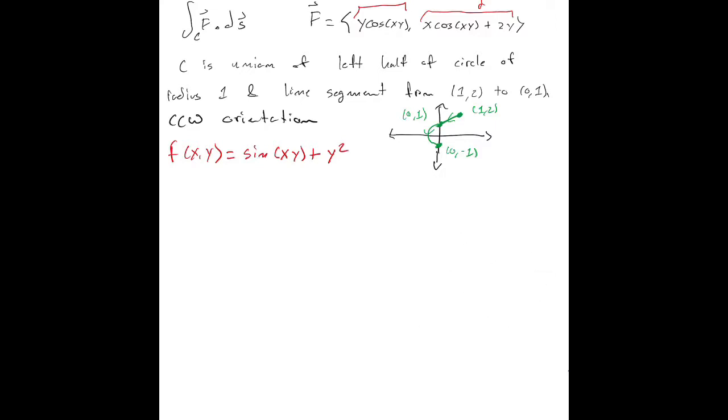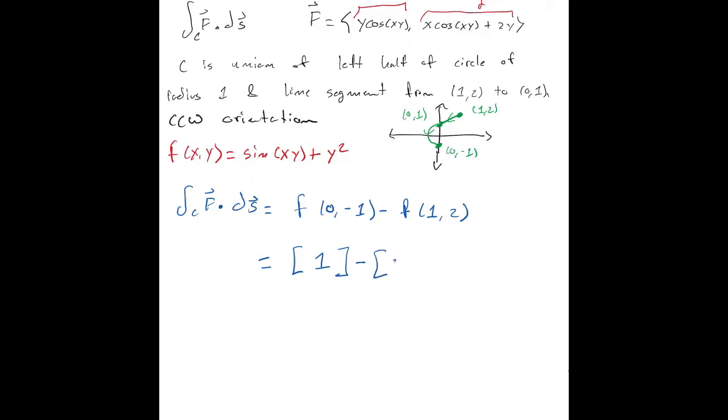So the integral that we want to know is equal to f of the ending point, which is (0, minus 1), minus f of the starting point, which is (1, 2). Okay, so f of (0, minus 1): sine of 0 is 0, and y squared is 1, so f of (0, minus 1) is just 1, minus f of (1, 2).